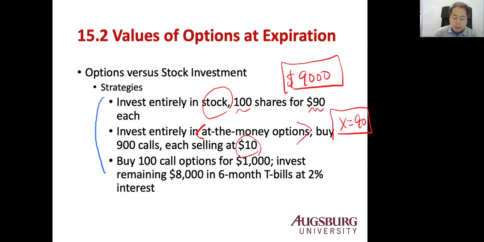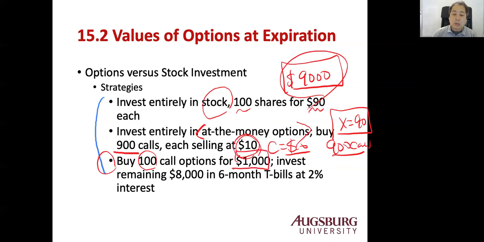Instead of buying stock, let's buy options, and if the call price is $10, then you can buy 900 calls. Again, you invest $9,000. The third option is to buy 100 call options for $1,000, because each option is $10, and invest the remaining $8,000 in a 6-month T-bill at 2% interest rate. So the risk-free rate for 6 months is 2%.